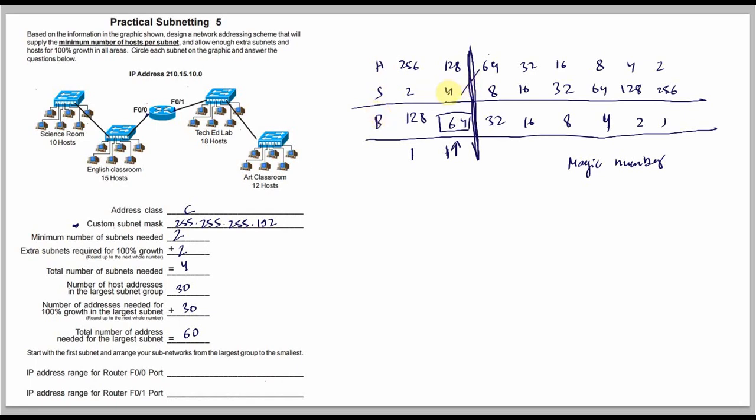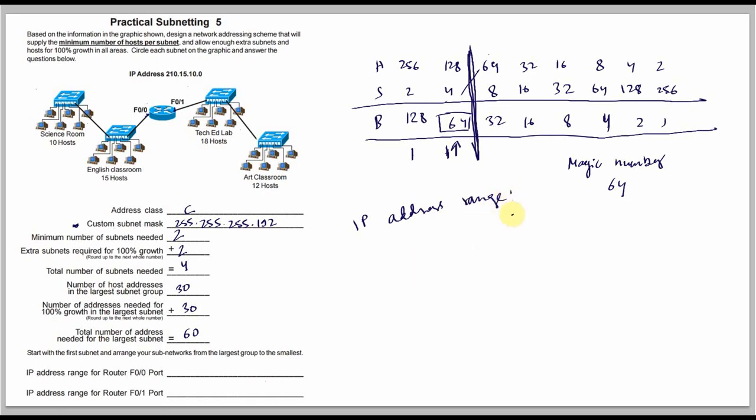We're just going to have to remember it like we remember the host and subnet in binary. We have 4 subnets that can have 64 hosts. And on the left we have 64. That is our magic number. And what this 64 does is it's going to help us find out our IP address range.